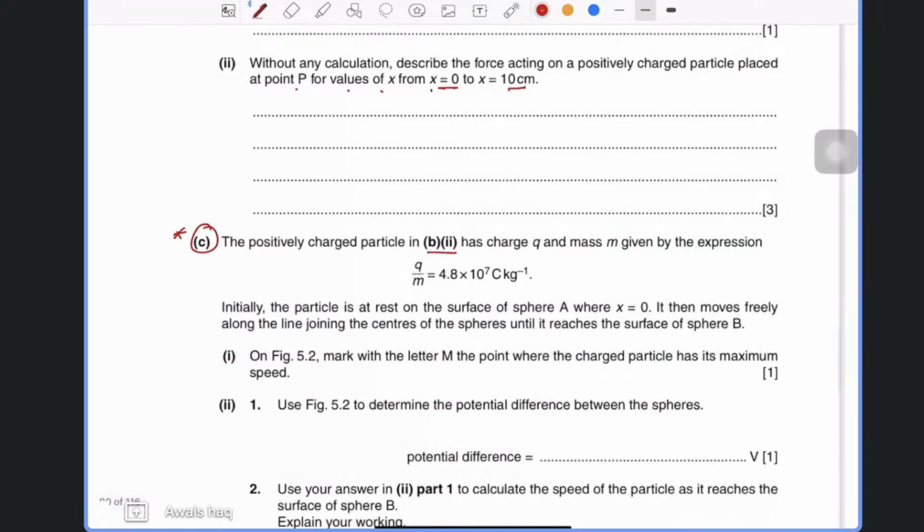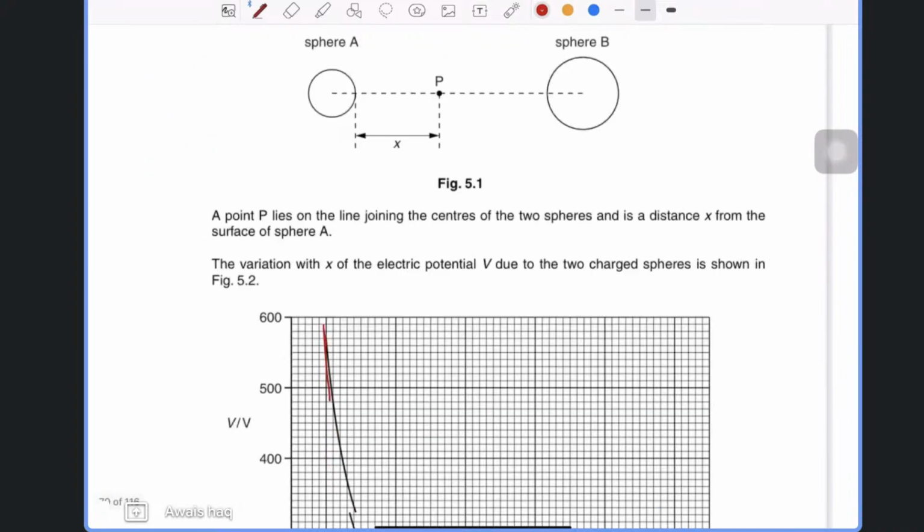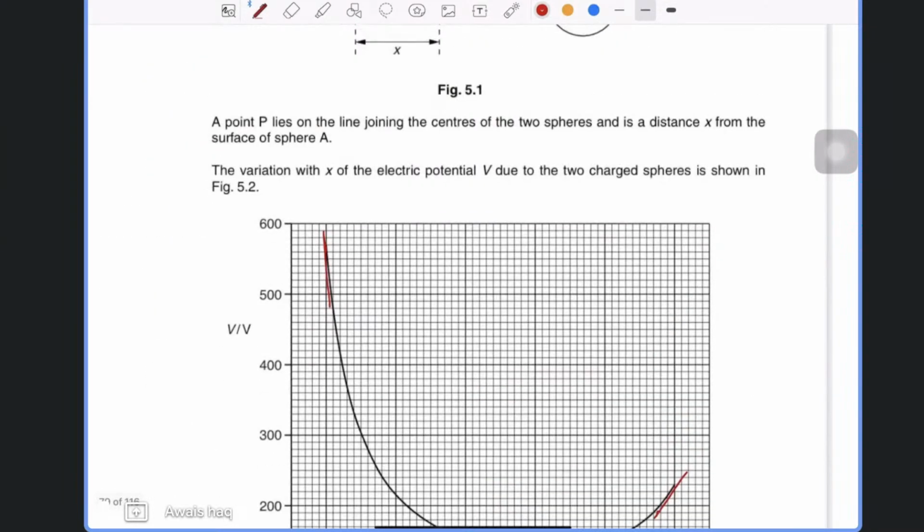They say the charge and mass is given by this equation, right? They say initially the particle is at rest on the surface where x is equal to 0. Then it moves freely along the line joining the centers of the spheres until it reaches the surface of sphere B. Mark with letter M the point where the charged particle has its maximum speed. Obviously, the maximum speed, because work done is given by change in potential times charge, and wherever the change in potential is highest, you will have maximum work done, which means maximum kinetic energy, right?